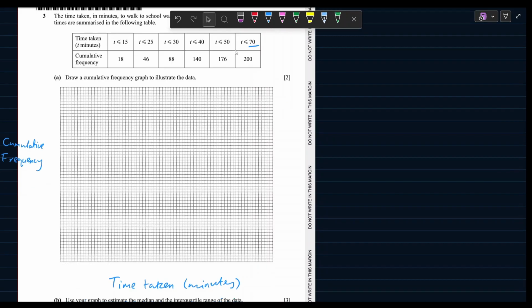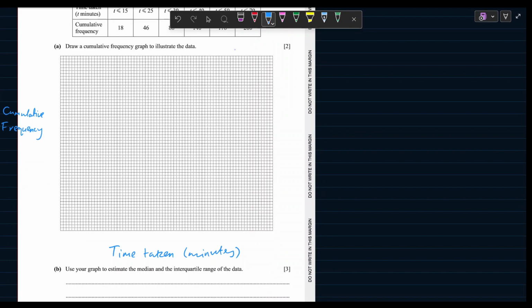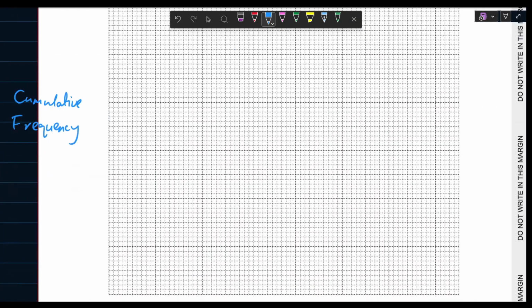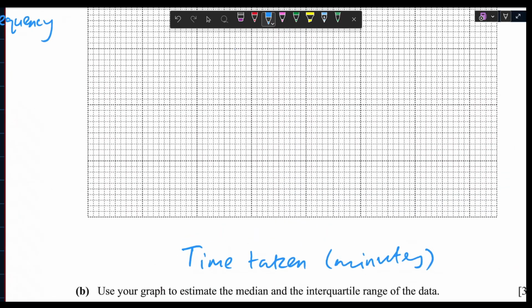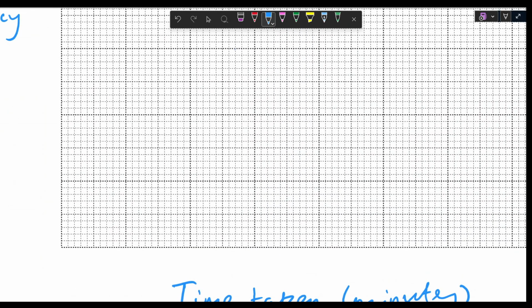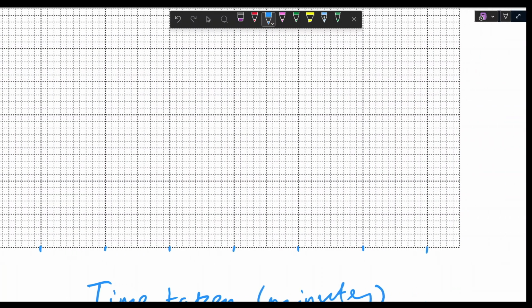So let's count how many big boxes we have, if I can even see the big boxes. Cambridge should really do better here because these are hard to see. Okay, when we zoom in, we can see them more clearly. All right, so we've got 1, 2, 3, 4, 5, 6, 7.